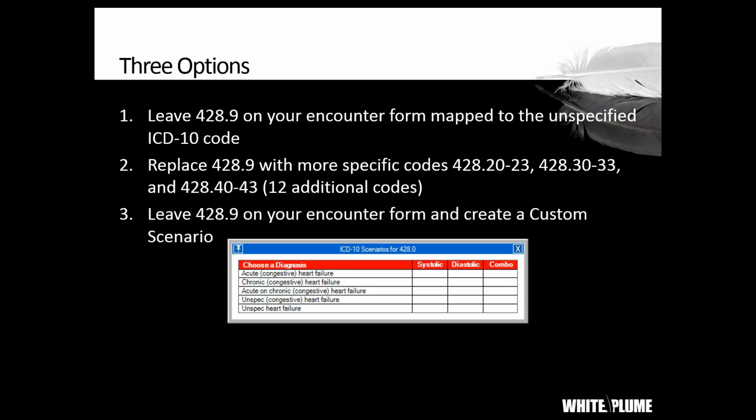But you want to get out ahead of this. You don't want to be next September when Medicare and everybody else is going to be denying for unspecified codes, trying to make these changes at the last minute while you're also trying to change provider behavior to not use those types of unspecified codes.